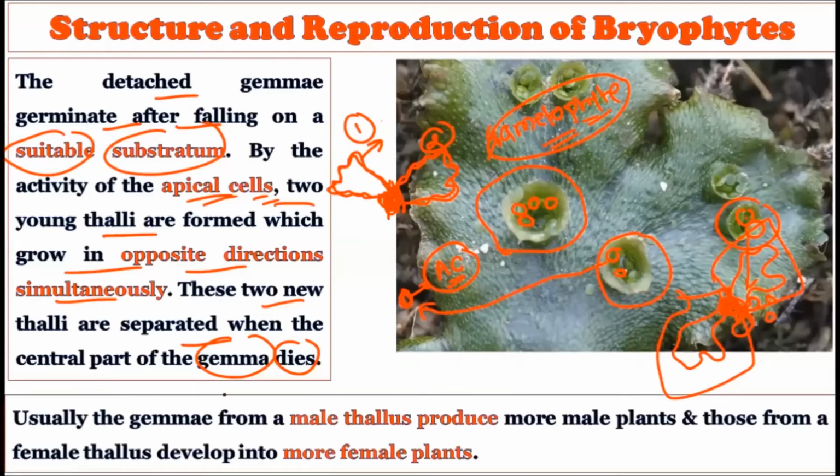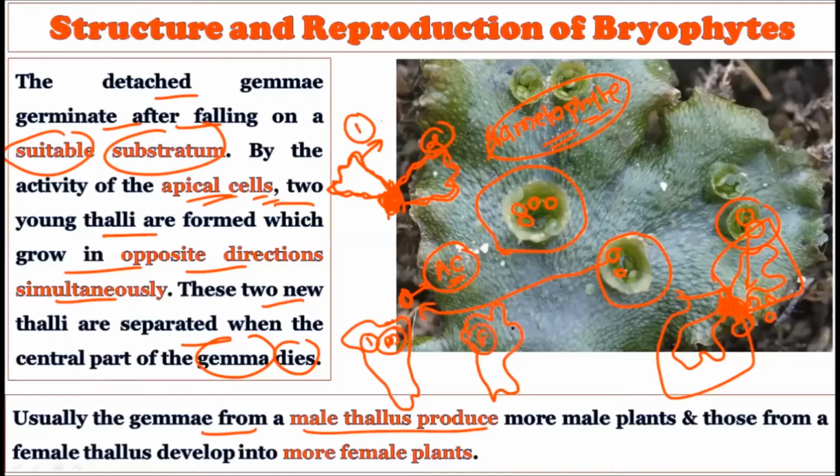Now consider usually the gemmae from the male thallus. This is very important, so understand this. We are talking about Marchantia being a dioecious organism. Consider this is a male thallus, and this one is the female thallus.